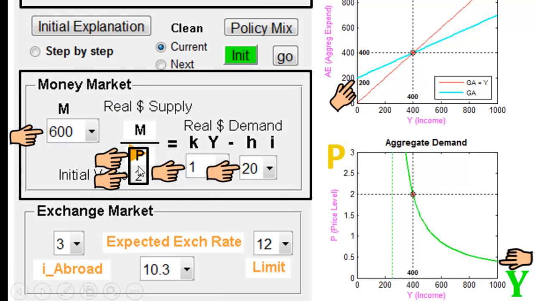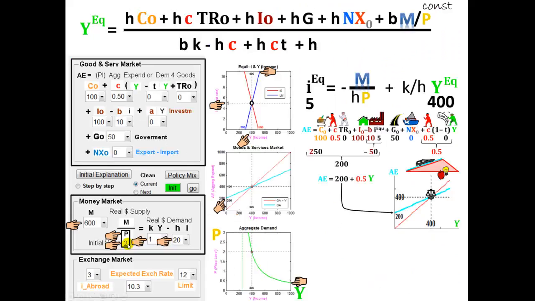So if I use this information that P is 2, then I use this value P equals 2 here, and then I find income that is going to be 400. We did exactly this to find this 400, but this 400 is exactly the same as this 400, so we can use exactly the same expression to find this Y in equilibrium, which is 400, and this 400 here. So if P is 2, then income is 400, and then we get this point.